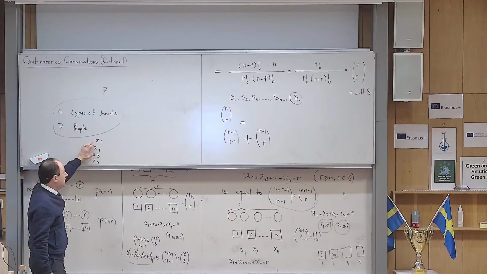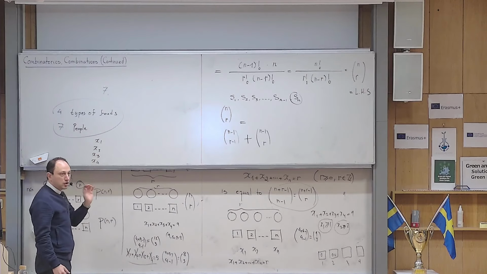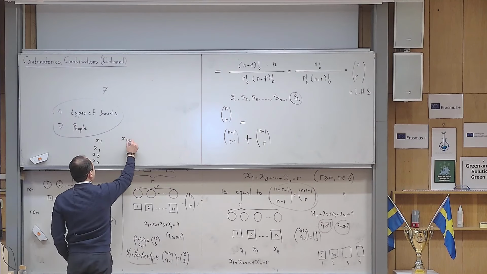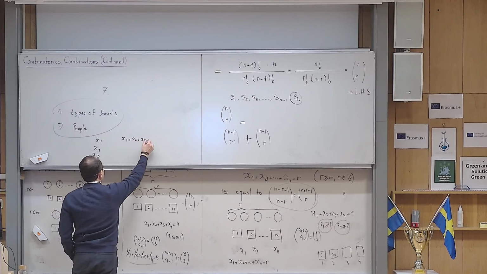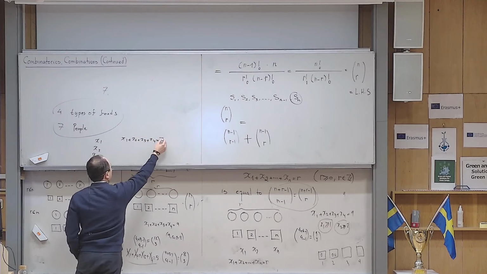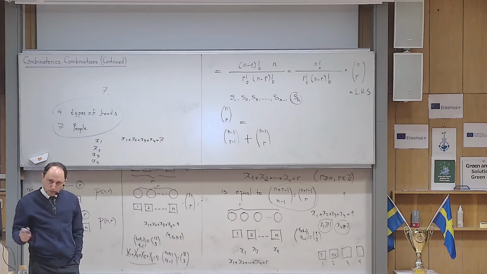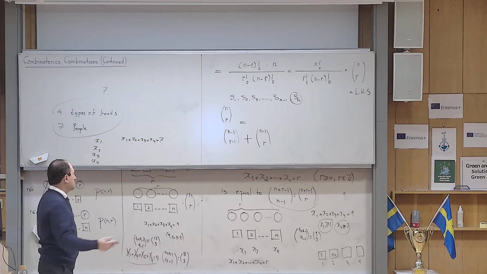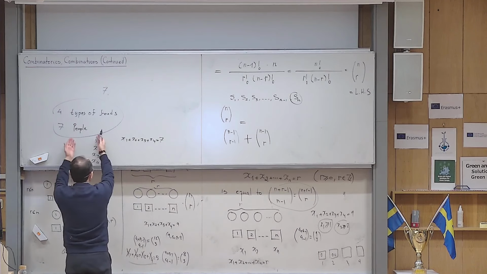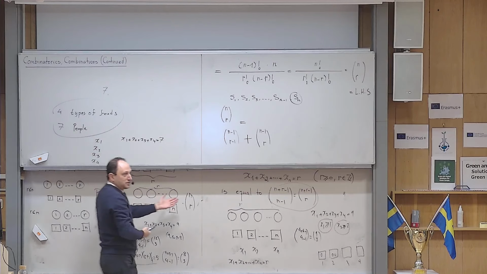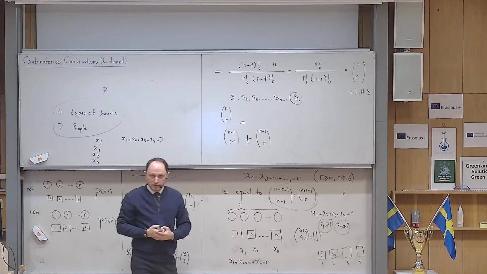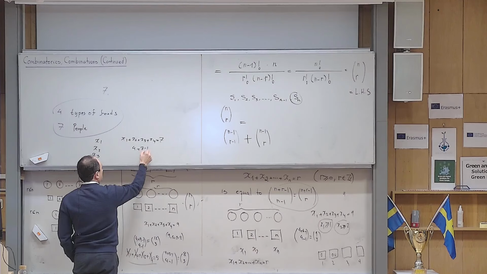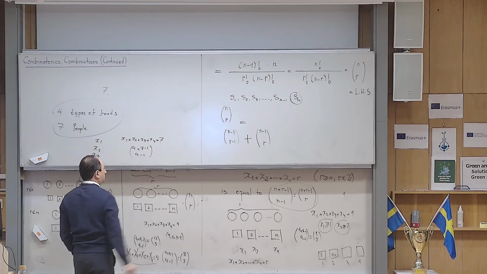But it is clear x1, x2, x3, x4 are non-negative integers. And one thing is also clear: I know the sum is the number of people, assuming that everyone orders exactly one food. So this problem is stated differently, but it is this model or that model, in the way that you like it. So you already know the answer. So the answer becomes 4 plus 7 minus 1, 4 minus 1, and then you can write it.